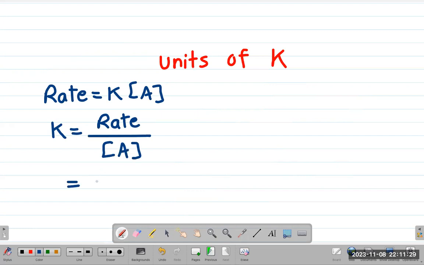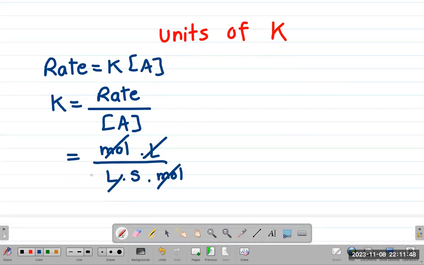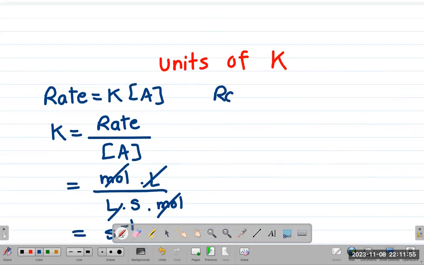Rate of reaction is the speed of the reaction, how the concentration changes, so it is mole per liter or decimeter cube divided by second. And the concentration of A is mole per liter again. So when you cancel these two out, the unit of the rate constant, k, is only going to be s^-1.